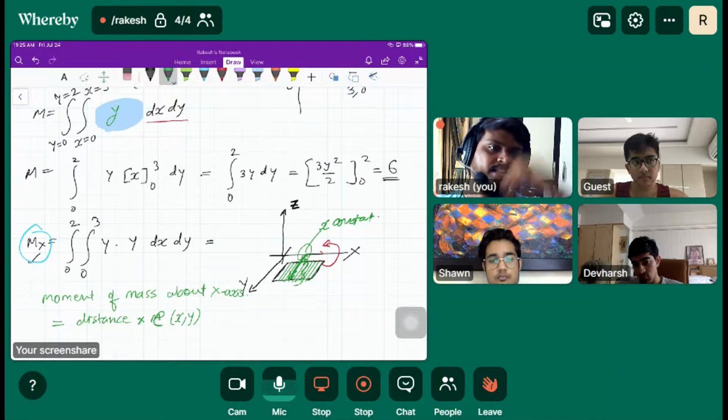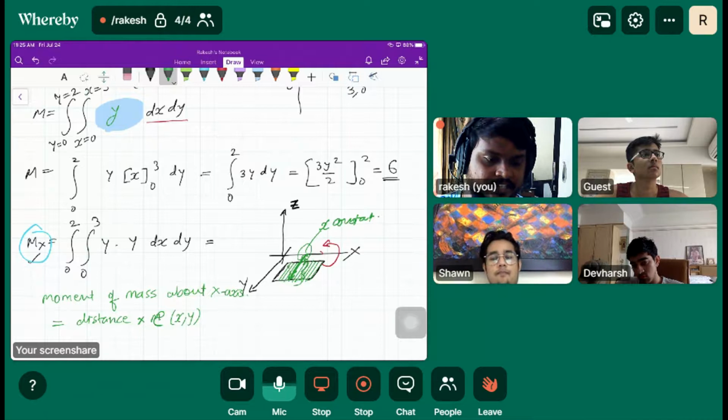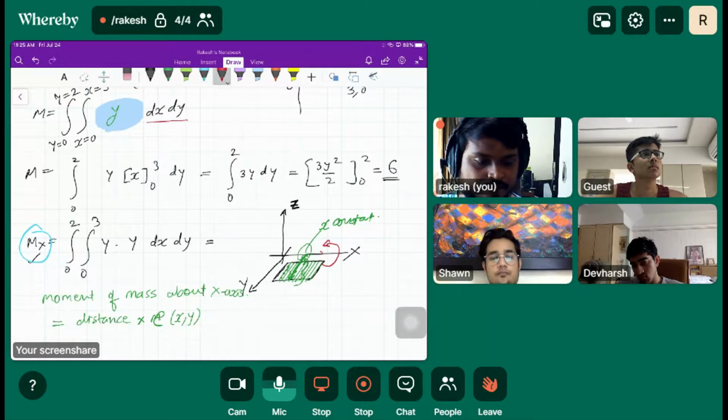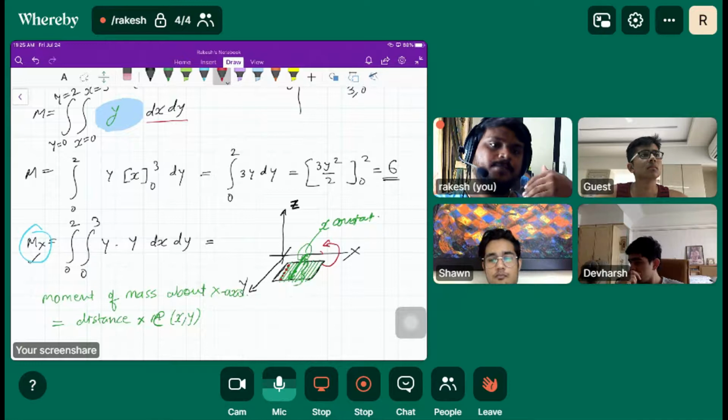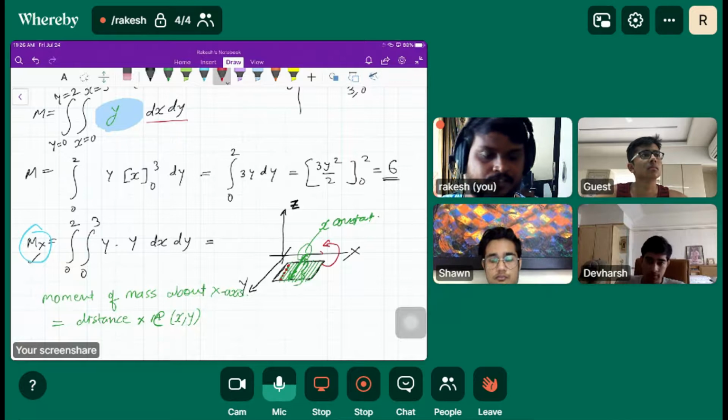Each line has x constant, we rotate, we integrate about the y direction, so y needs to be integrated. The distance of each point varies because it is at a different distance from the x-axis. So that needs to be integrated. Are you getting that?